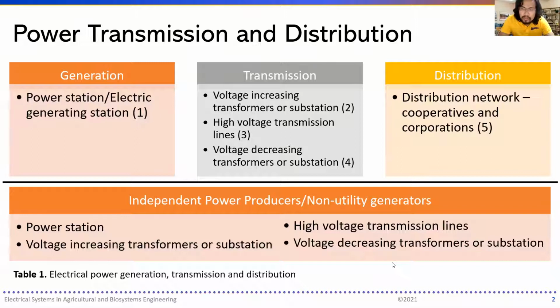And the distribution side will be carrying the delivery of the power from the substation. So in between generation and transmission, there is a power station, and in between transmission and distribution is a substation. Therein lies the magic of the AC electricity system.